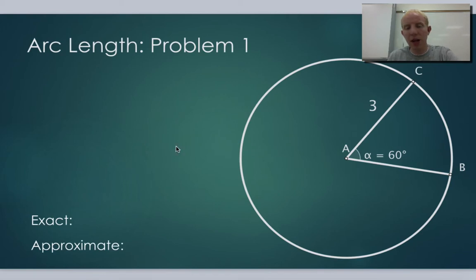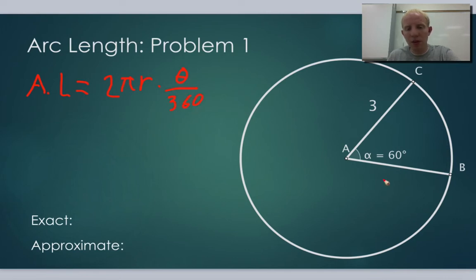So let's say we have a circle. It has a radius of 3 and an angle of 60. We're trying to find what the value of that arc is in distance. So we're going to pull out our formula. The arc length is equal to 2 pi r times the angle over 360.